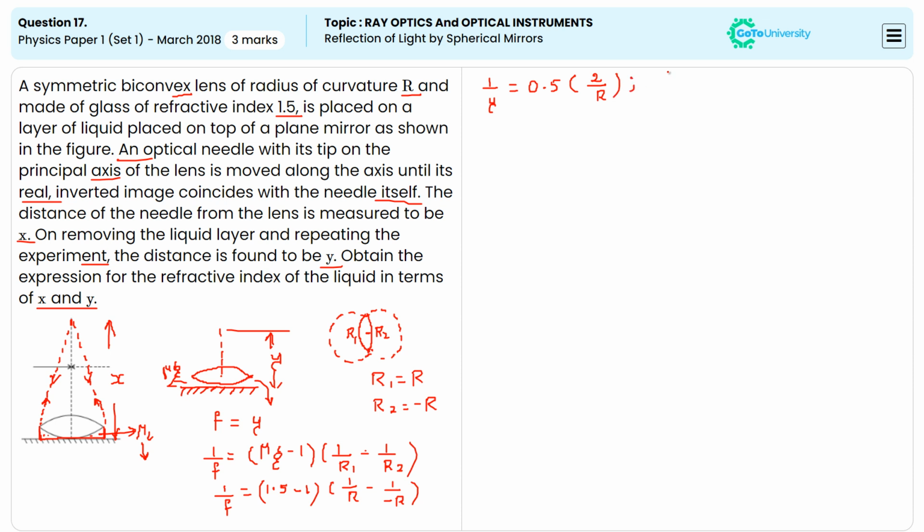Then 1 by y is equal to 1 by r, or y is equal to r. This is very, very important. We need to take the next level.